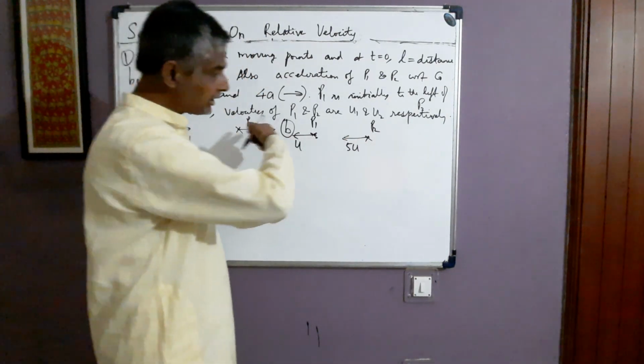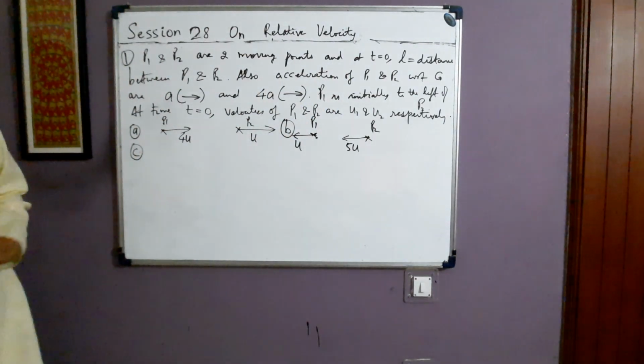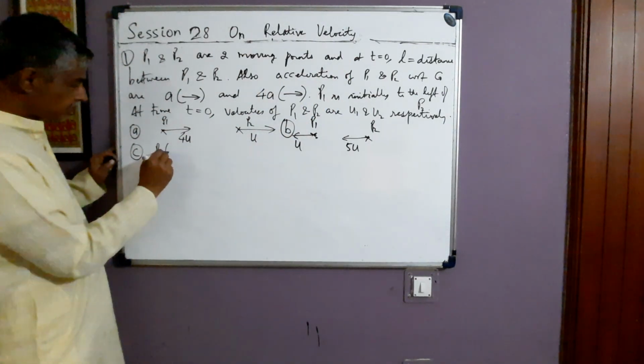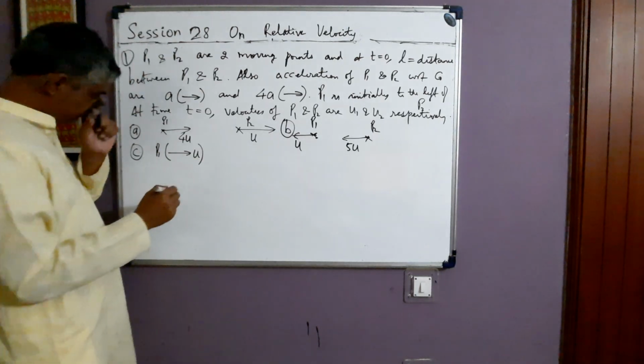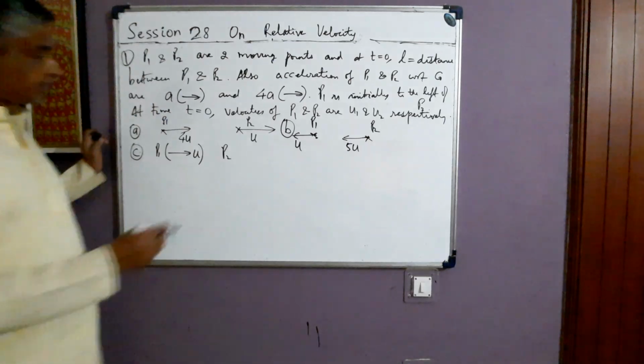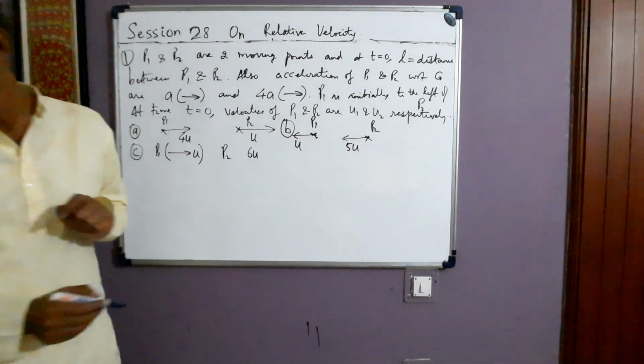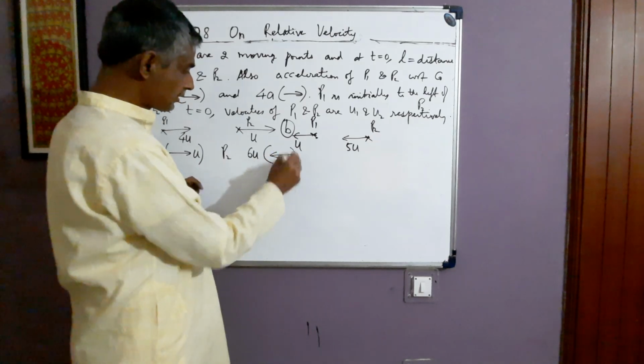All these velocities are along the line joining the 2 points. In part C, P1 is moving at a speed u rightward, and P2 is moving at a speed of 6u leftward.